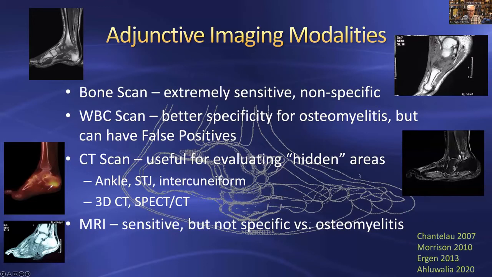But it's not specific really versus osteomyelitis. There are some subtle changes, but we have to be suspicious for that enhanced bone marrow edema, which is indicative of that stage 0 prodromal Charcot foot in the absence of clinical X-ray findings.